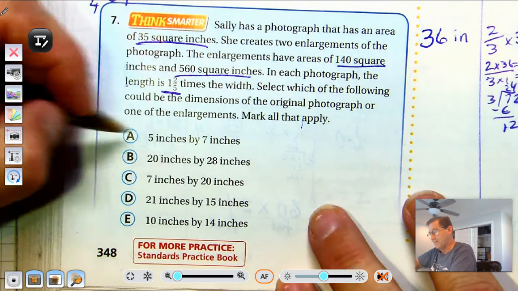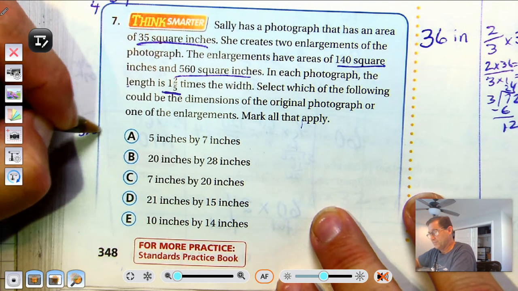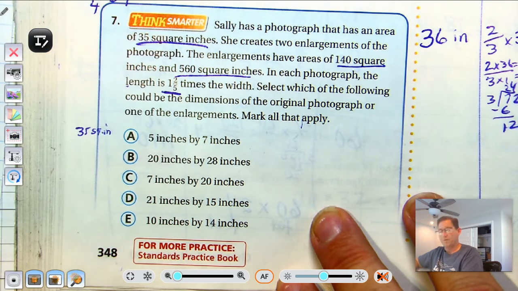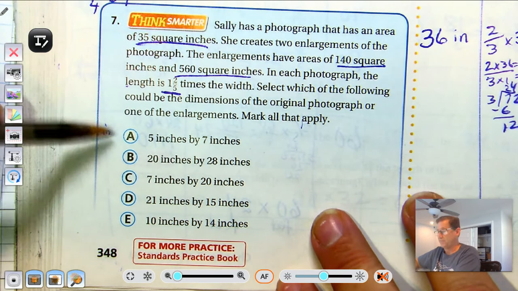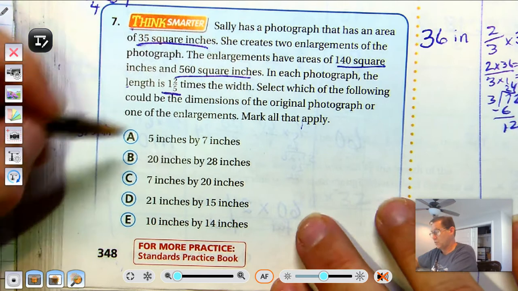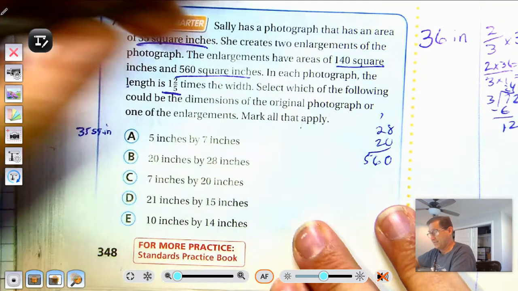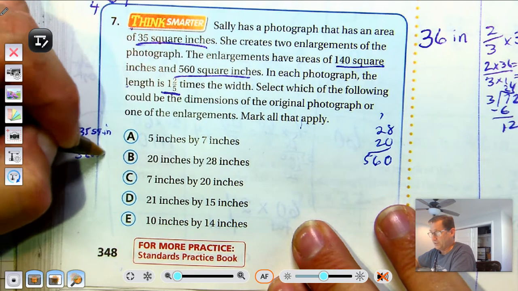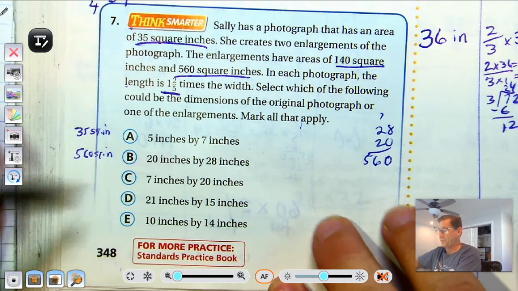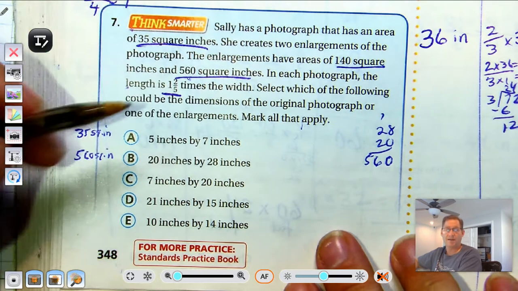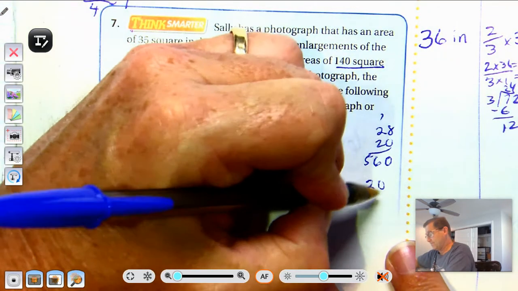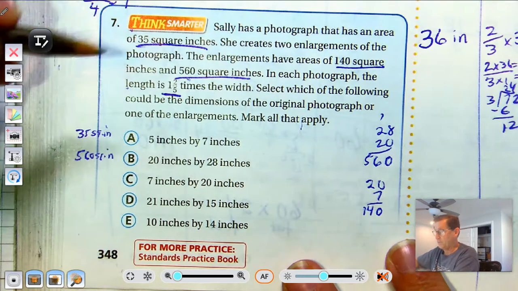So 5 times 7, that is 35 square inches. Okay, so that could be an answer because it matches the original. 28 times 20, that's 560 square inches. So that could be this one. 7 times 20, that's 140.